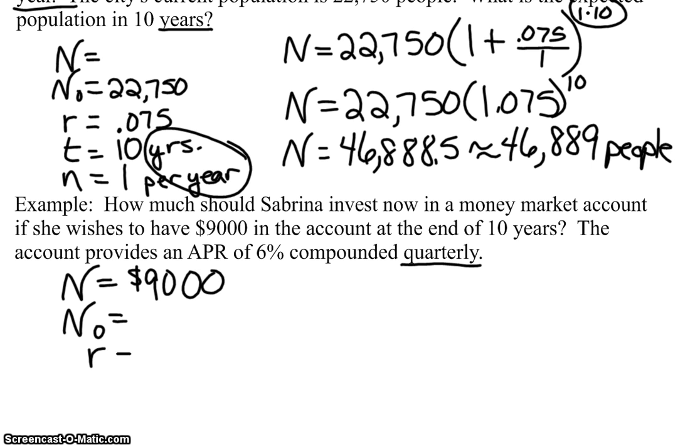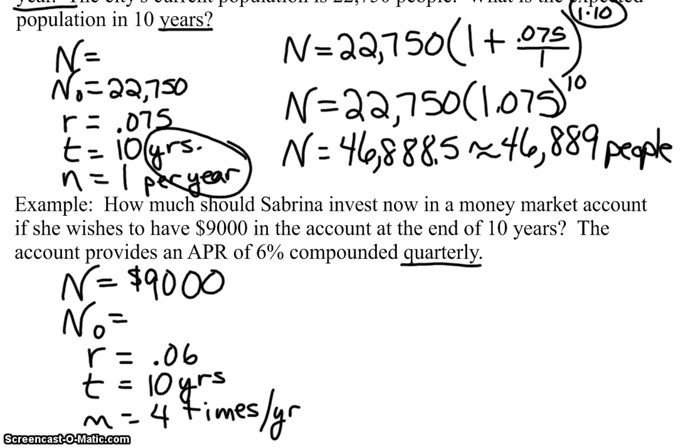R is her interest rate, which is 0.06. T is 10 years. But since it's quarterly, little n is 4 times per year.